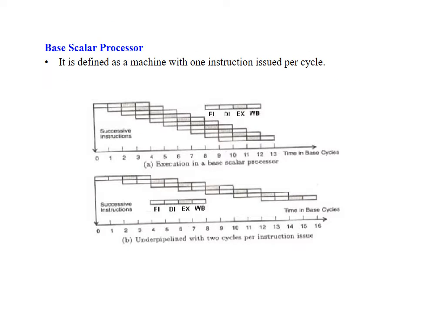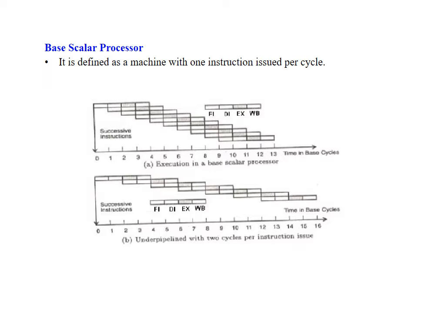This is the base scalar processor. A base scalar processor is defined as a machine with one instruction issued per cycle. Here are two figures. The first one is execution in a base scalar processor, and the second one is a pipeline with 2 cycles per instruction issue.